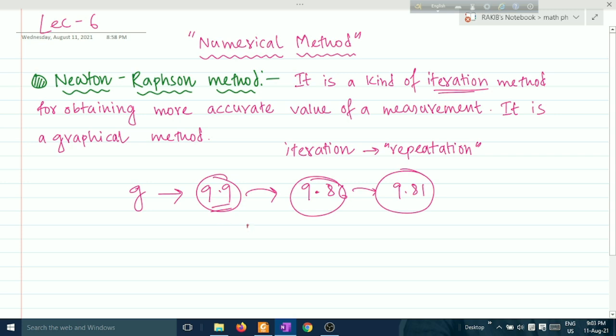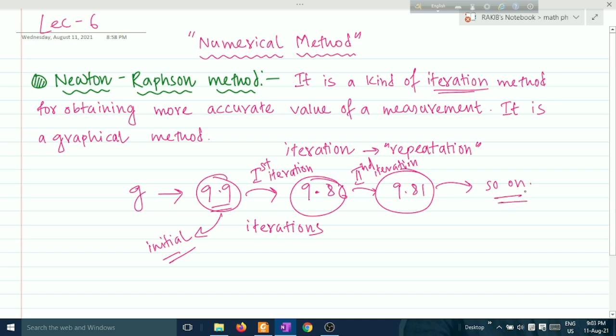These are called iterations. This is the initial value, this is the first iteration, and this is the second iteration, and you may go one by one in this manner.